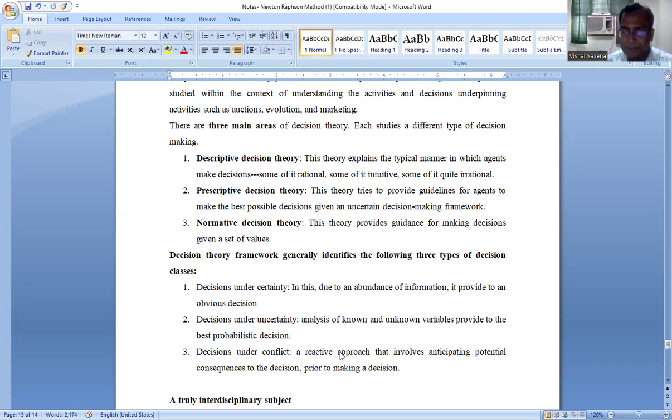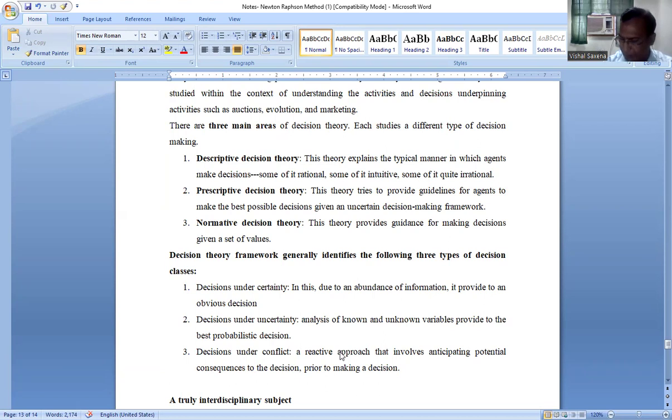So in this case, the researcher has to make decisions with the best possibility, because in some cases the decision maker has certain knowledge, and in some cases the decision maker does not have certain knowledge. Therefore the results or the decisions will ultimately be uncertain, or based upon probabilistic concepts.